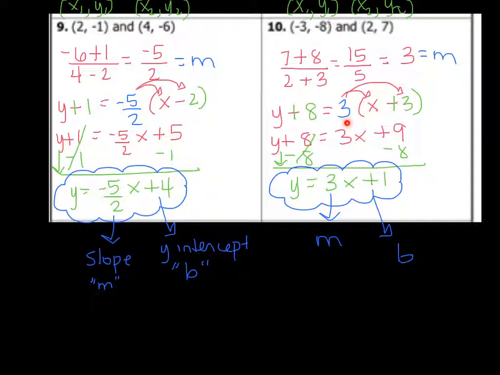It goes into my equation where m is. Notice my negative 8 turned this to plus 8, and my negative 3 turned this to plus 3. I distributed my 3. That's where the 3x plus 9 came from. The opposite of adding 8 is subtracting 8, so I did that to both sides, and I got y equals 3x plus 1. So now I have an equation in slope-intercept form.